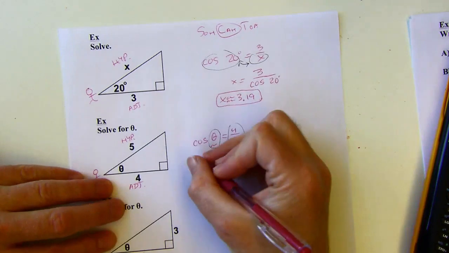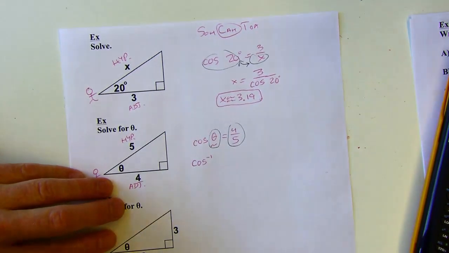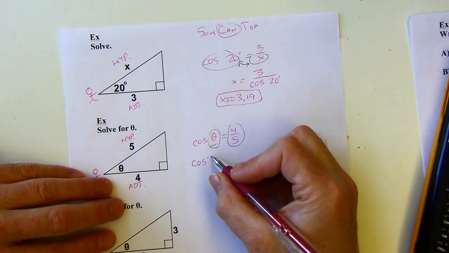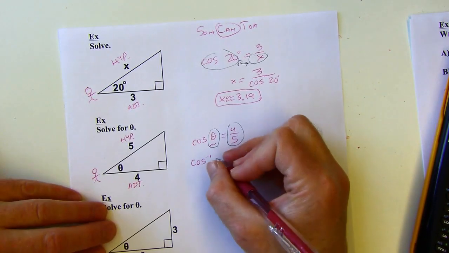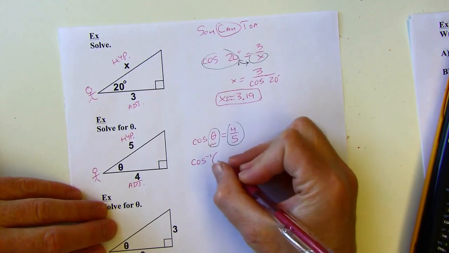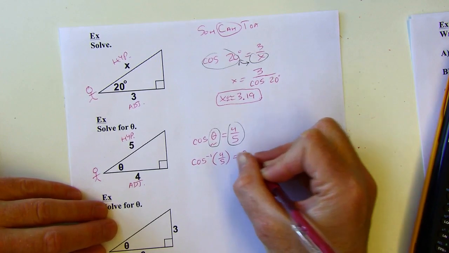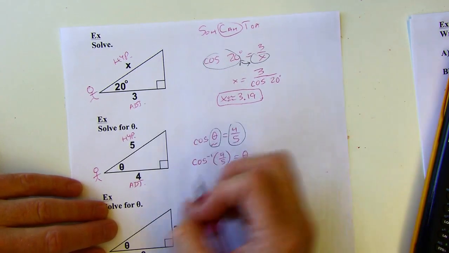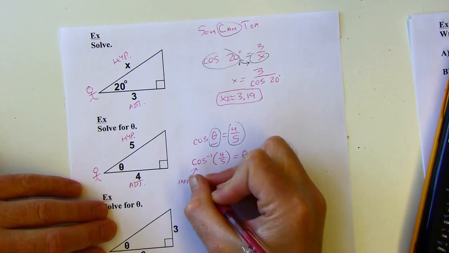So the inverse of cosine, the way I'm going to write that is like so. I've got cosine to the negative first, but it really means inverse cosine. Sometimes you might see arc cosine. That means the same thing. And then that's going to switch the 4/5 and the theta. So this is inverse of cosine.